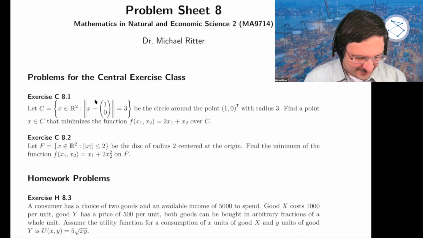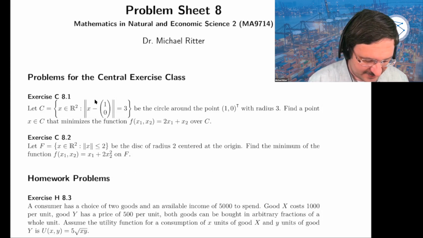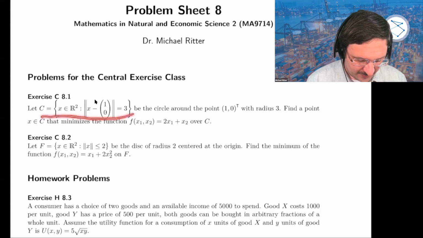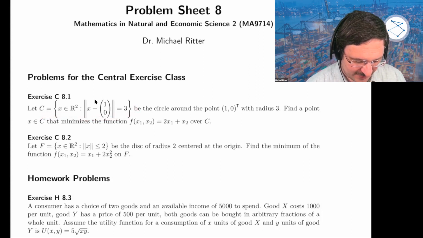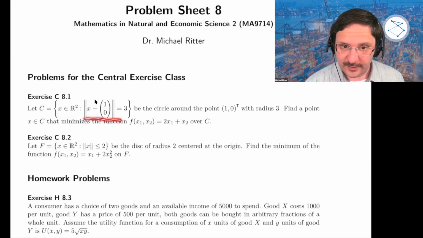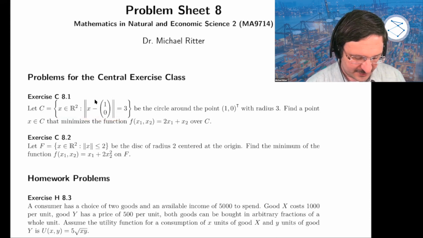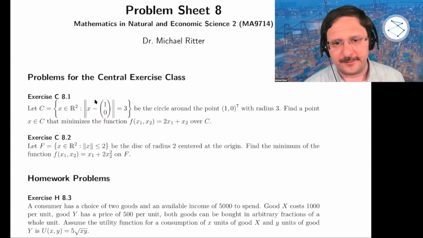Let's start with C81. As you can see, the feasible set here is this set C, a circle. Basically what that says is we measure the distance, the norm, of this difference. So the distance between a point X and the point (1, 0), and the distance needs to be 3.